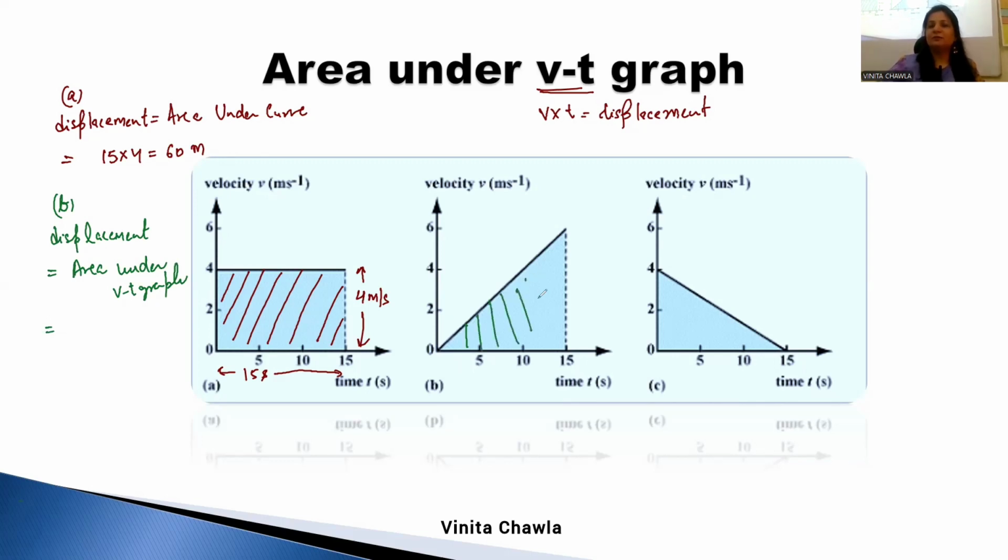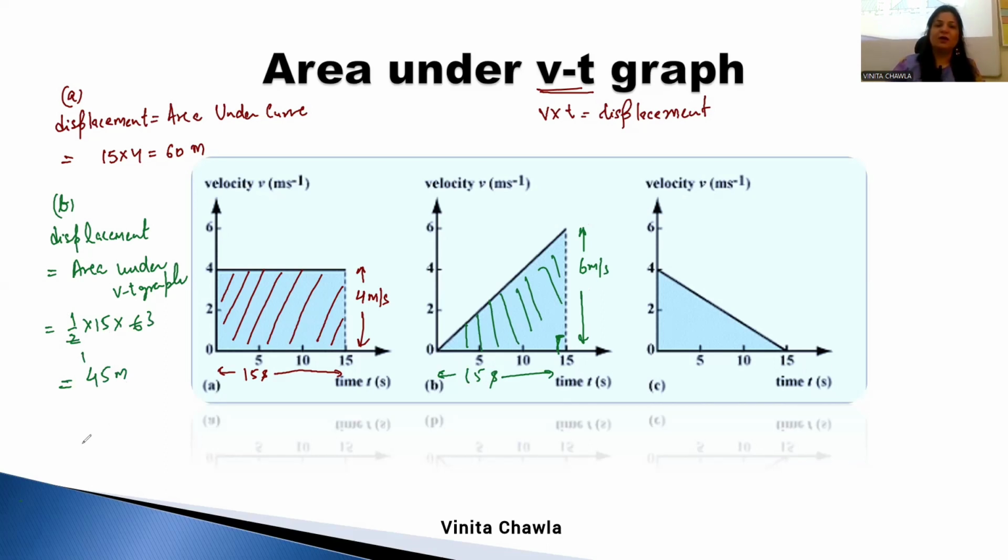The area of a triangle is half into base into height. Base is 15 seconds and height is 6 meter per second. So half into 15 into 6. 2 1s are 2, 2 3s are 6, 15 3s are 45 meter. So 45 meter is the displacement covered by the object.